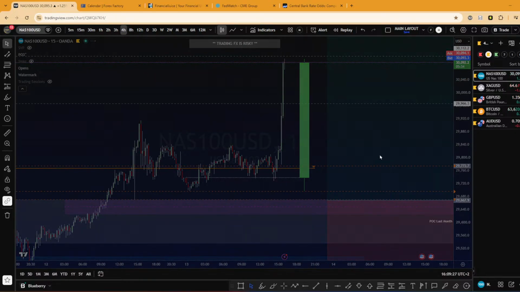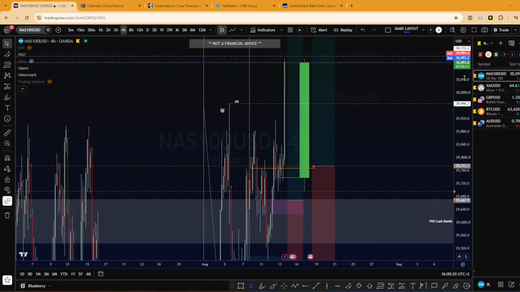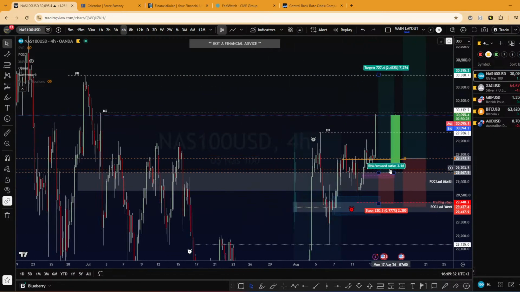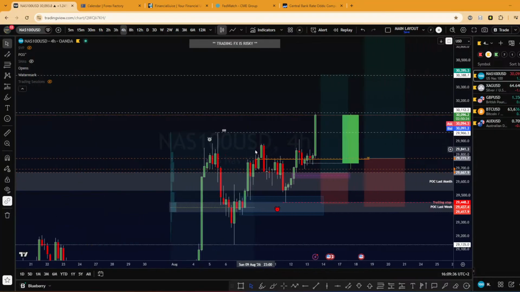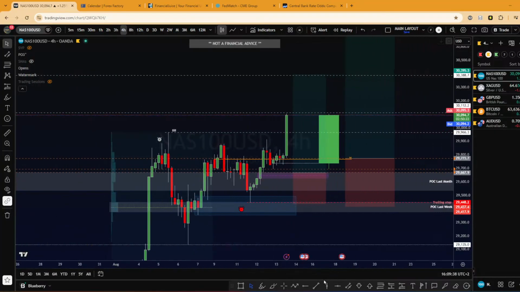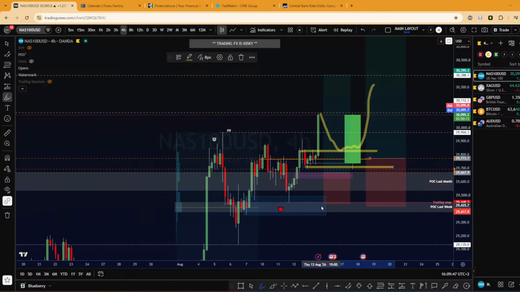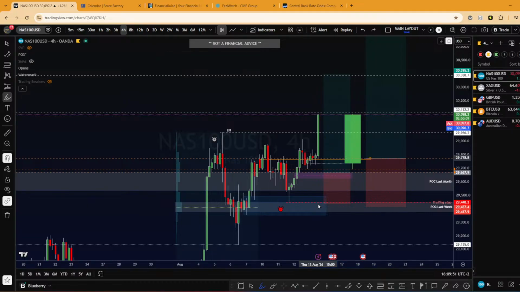Oh my goodness. Almost reached the target of the week. Not yet. I think we could target this high. The only thing I need is some retracement on Nasdaq, something before I enter. I need some retracement. Give me something, please.